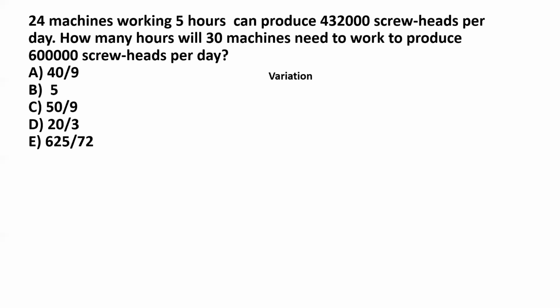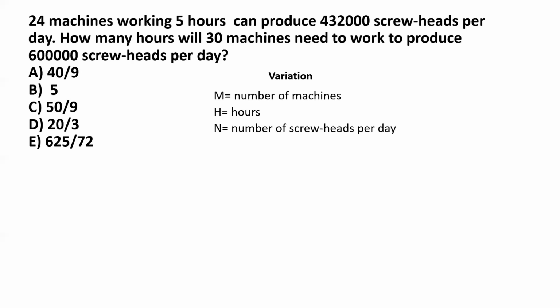So if you look at this particular problem, there are actually three variables of interest here, right? The first one is M, number of machines. The second one is H, the number of hours. And then the third one is N, the number of screw heads per day, right?